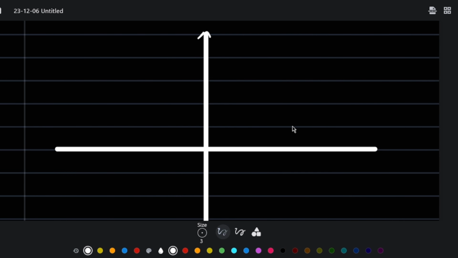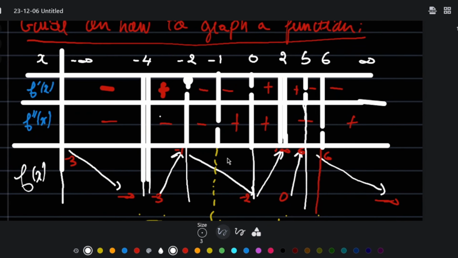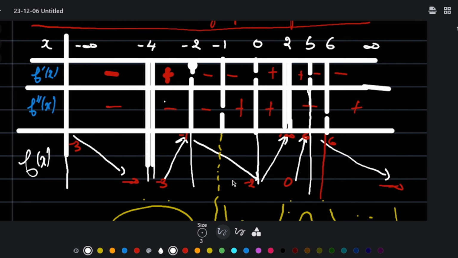So this is the direction for the y and the direction for the x. And the first thing that you draw when we want to draw the graph of a function, you draw the asymptote.